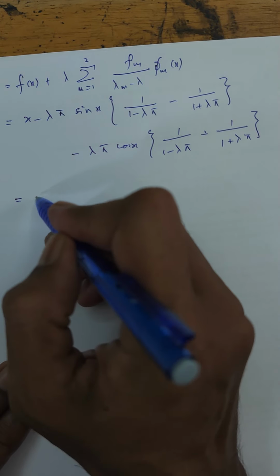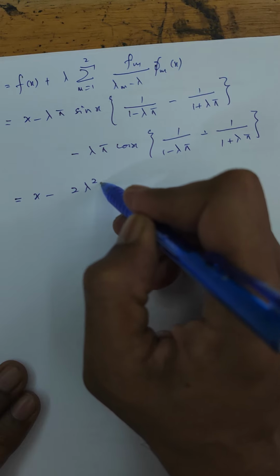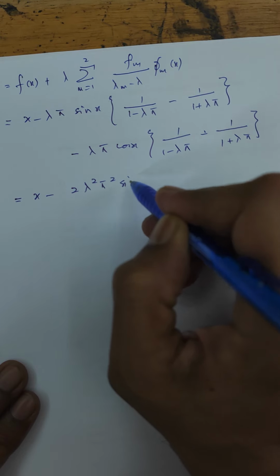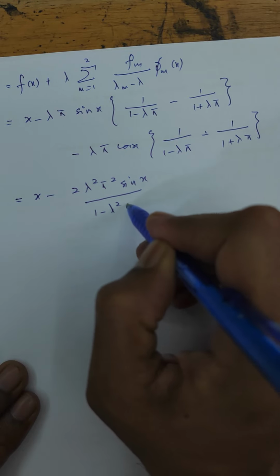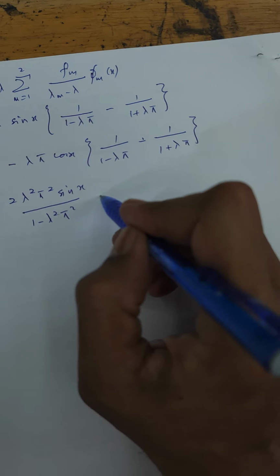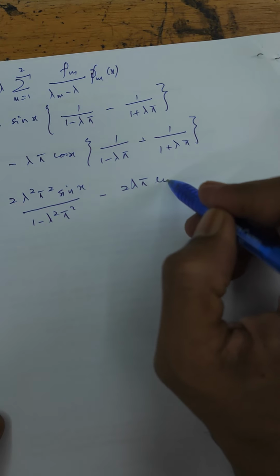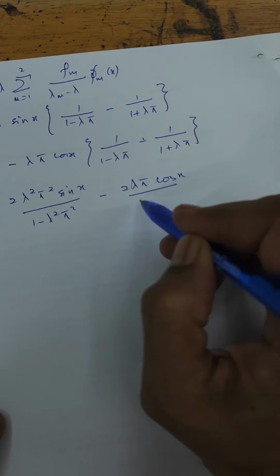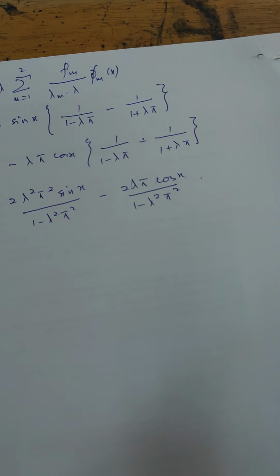That will give you x minus 2 lambda squared pi squared sine x over (1 minus lambda squared pi squared), minus 2 lambda pi cos x over (1 minus lambda squared pi squared).